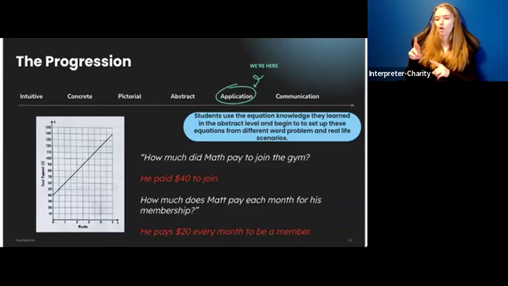So being able to identify now, did Matt start at 0? Does Matt have to only pay $28 a month? What is the $28 a month? What is the $40? How are those represented in our equation and on our graph?